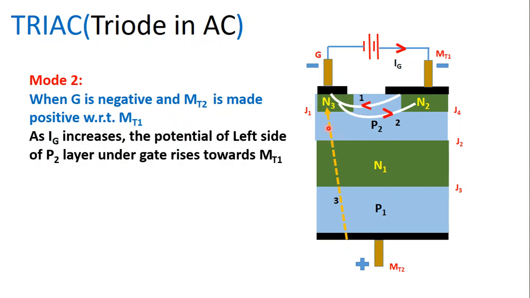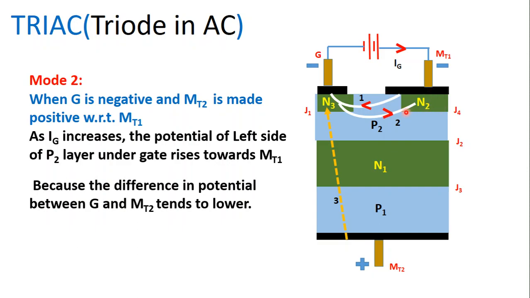The left side of the P2 layer, left side of the P2 layer below this gate terminal, the potential of this left side will increase towards the MT1 terminal. So there is a potential difference between these two sides, that is left side and right side of the P2 layer.